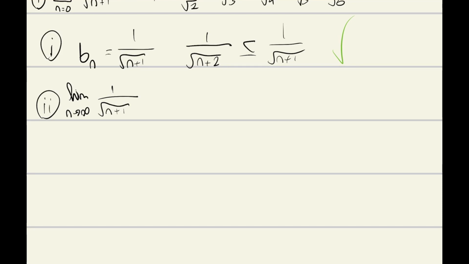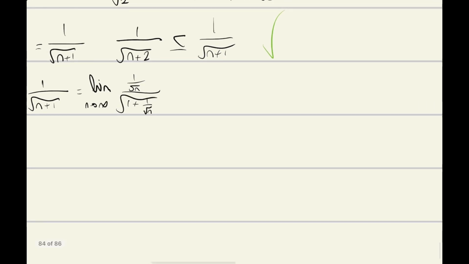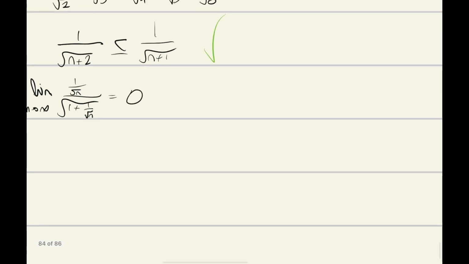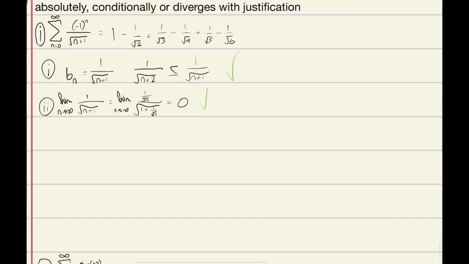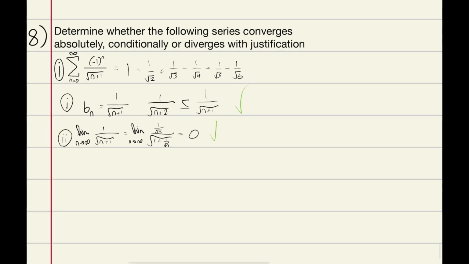So if we divide the numerator and denominator by square root of n, we would get (1/sqrt(n)) over (1 + 1/sqrt(n)). And when we plug in n equal to infinity, we would just get 0, which means that this series converges.